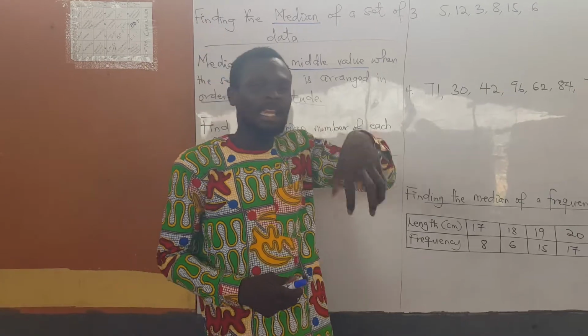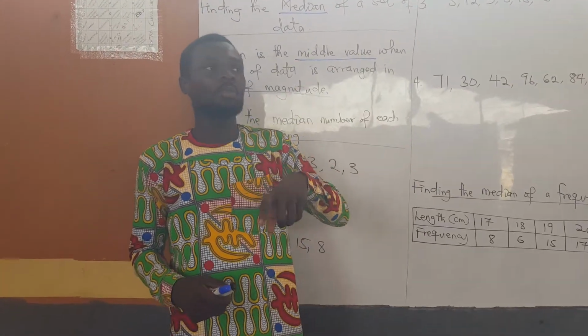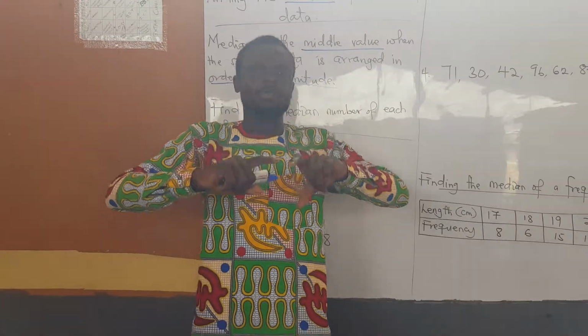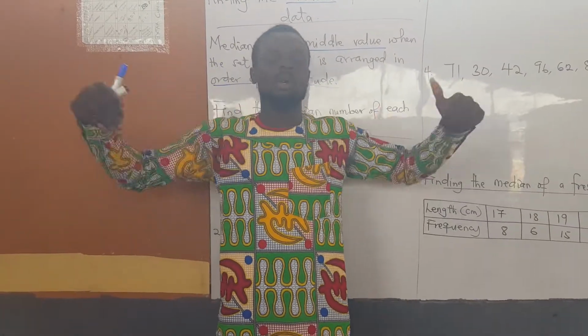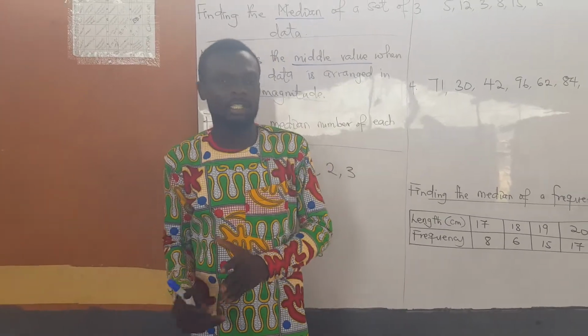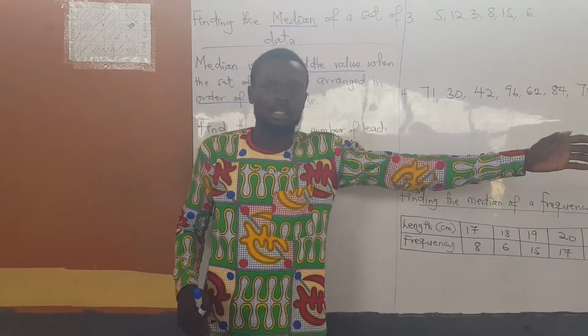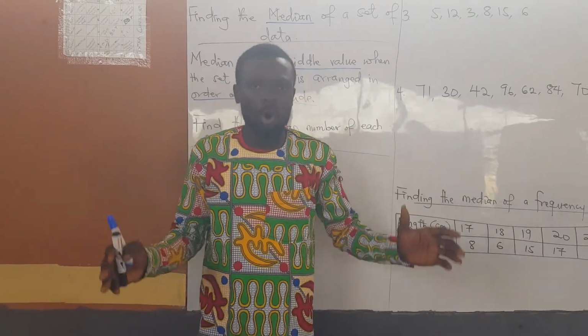So median simply means the middle number that you will be able to get after arranging a set of numbers in order of magnitude. That is from the least to the highest in ascending order.